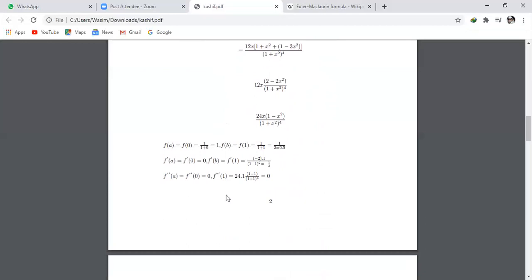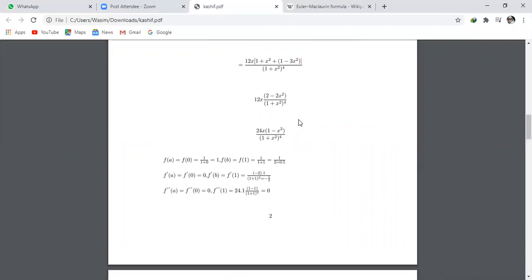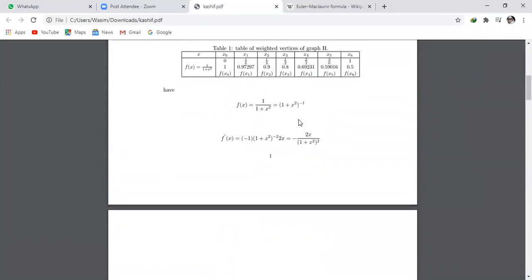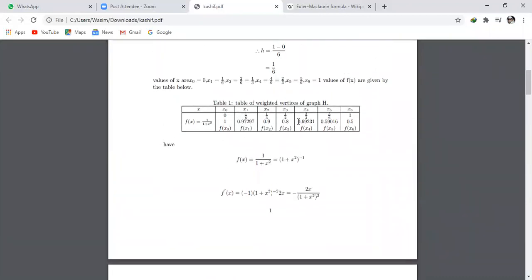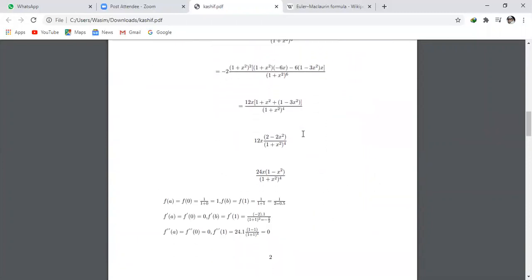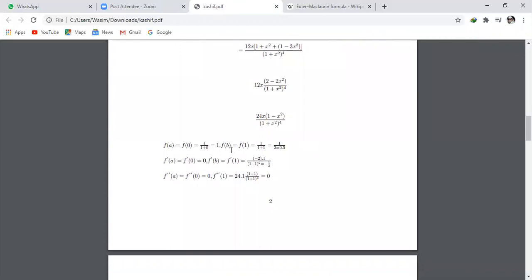And further we use f of a, f prime of a, f prime of b and f of b. We find the value of f of a, that is f of 0, and then put the values here for f of b in this function, f of x equal to 1 over 1 plus x square.